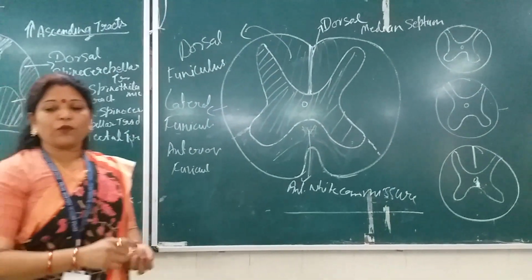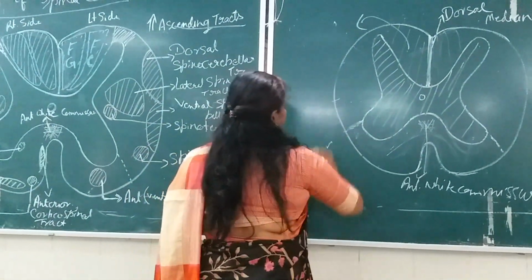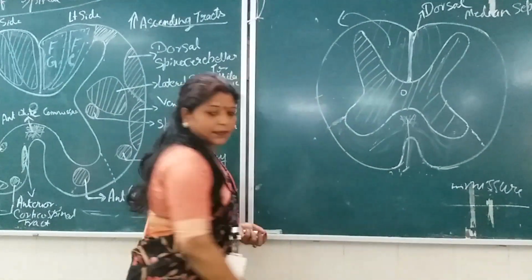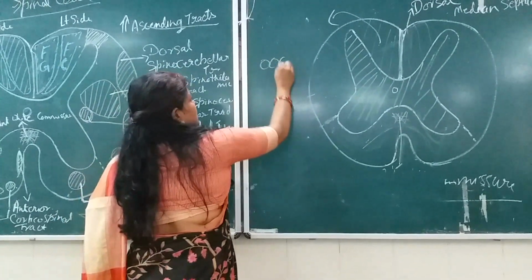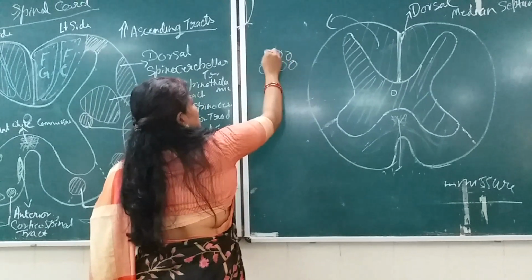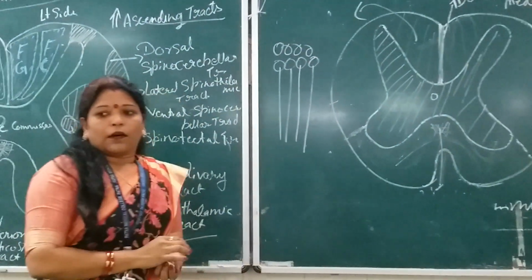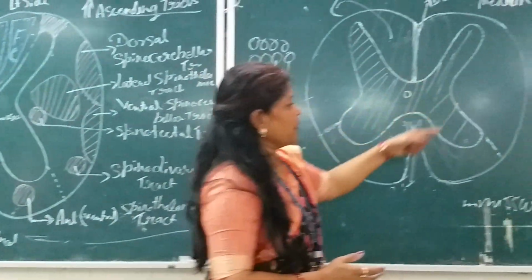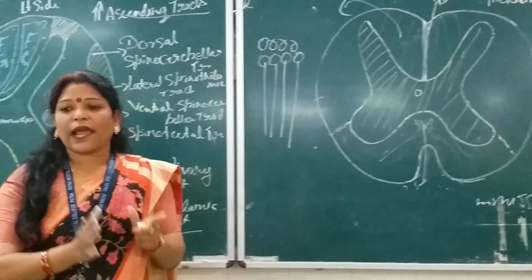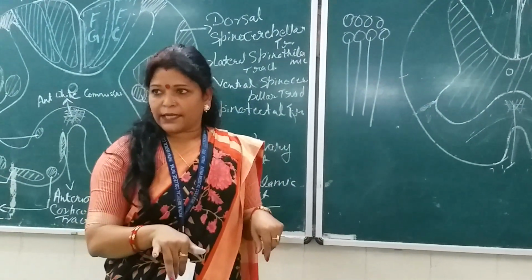Now come to the point, what is white matter? We have discussed in the previous classes that there are neurons. So how are the tracts formed? This white matter is composed of tracts, that is ascending tracts as well as descending tracts.